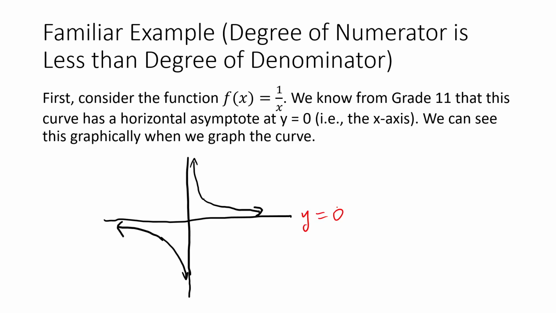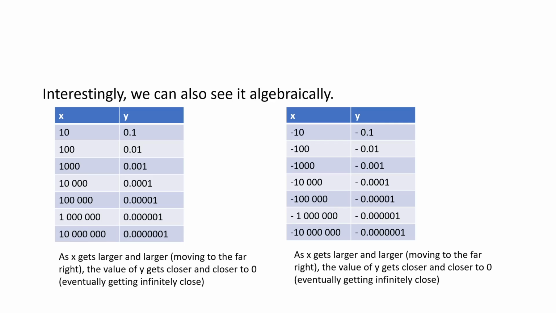There's our horizontal asymptote. Well, we can also see it algebraically. Imagine we were making a table of values for the curve y equals 1 over x. As I let x get bigger and bigger, I let it get huge, we see that the y value gets closer and closer to 0.